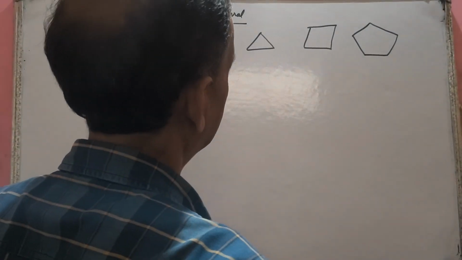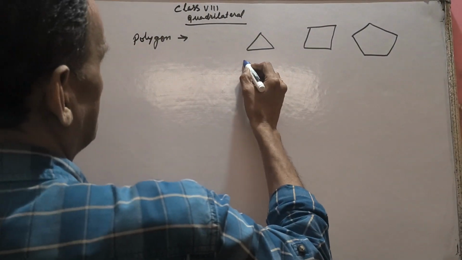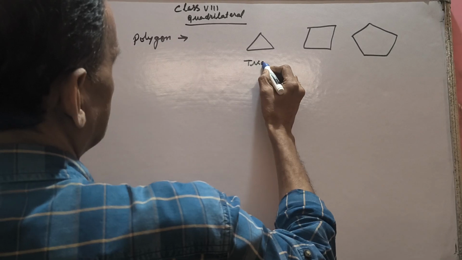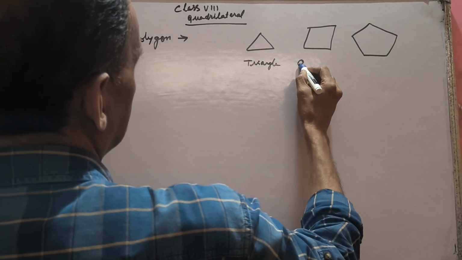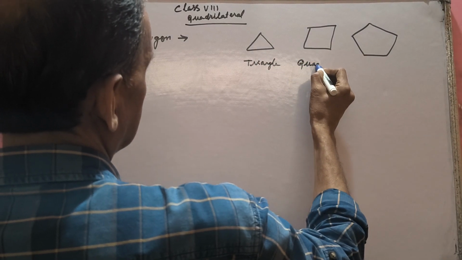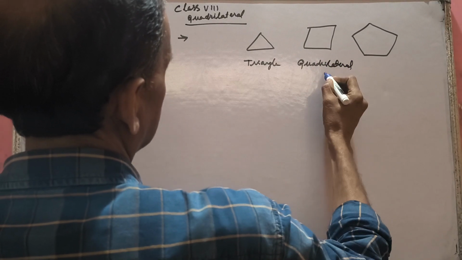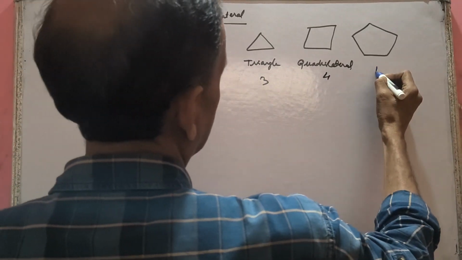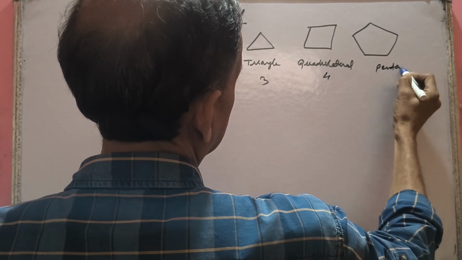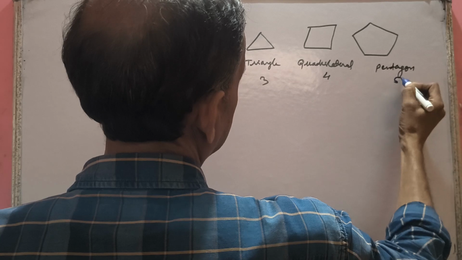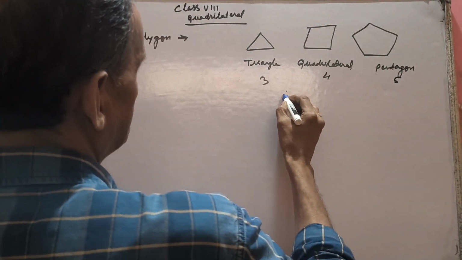five sides is called a pentagon. Triangle, three sides. Quadrilateral, four sides. Pentagon, having five sides, then hexagon, six sides.